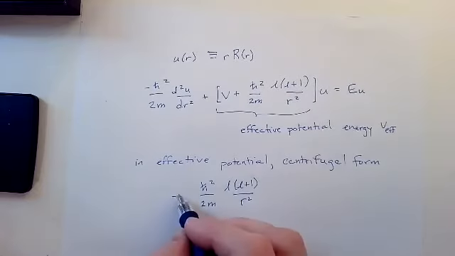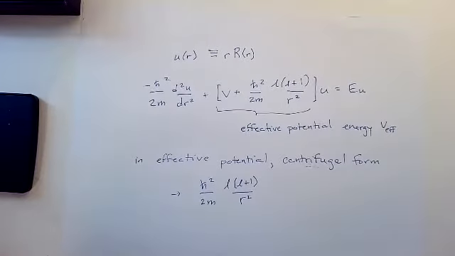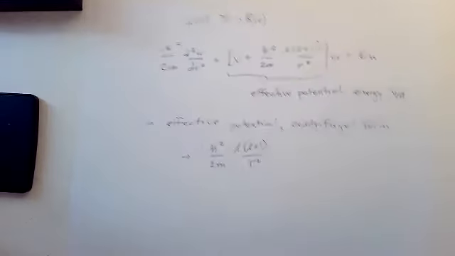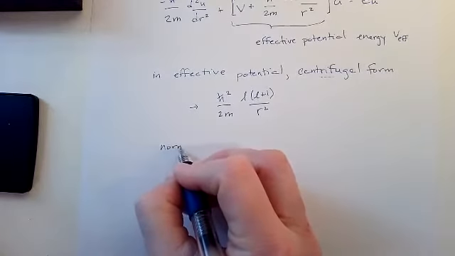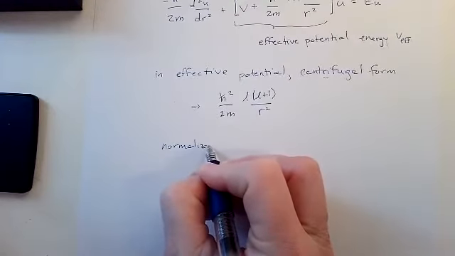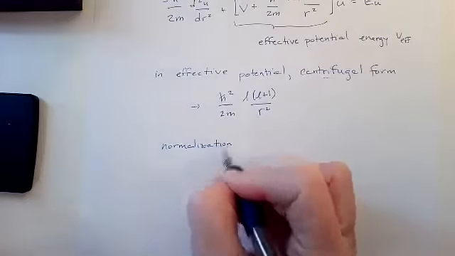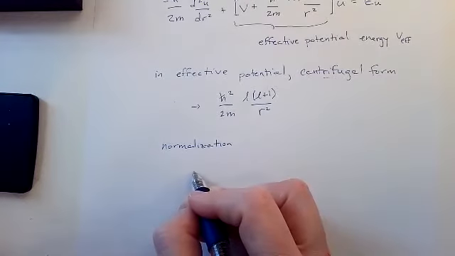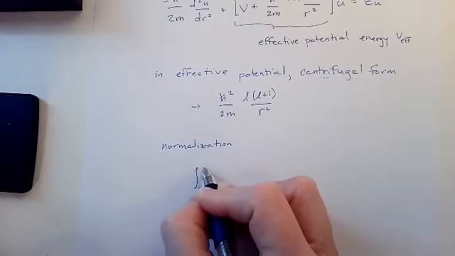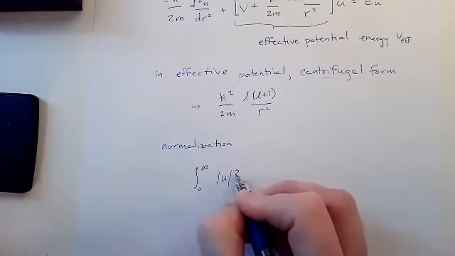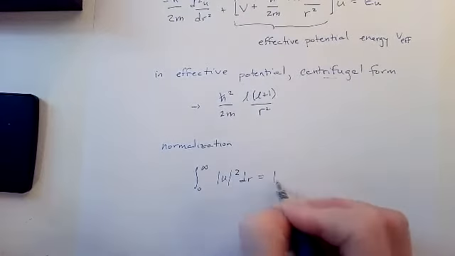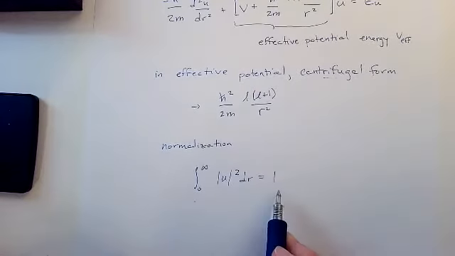So that extra little term we would call the centrifugal term or the centrifugal form. The same way that we've done it before, we would normalize this function. Because r goes from 0 to infinity, we would normalize so that over whatever space it exists, our normalization equals 1.